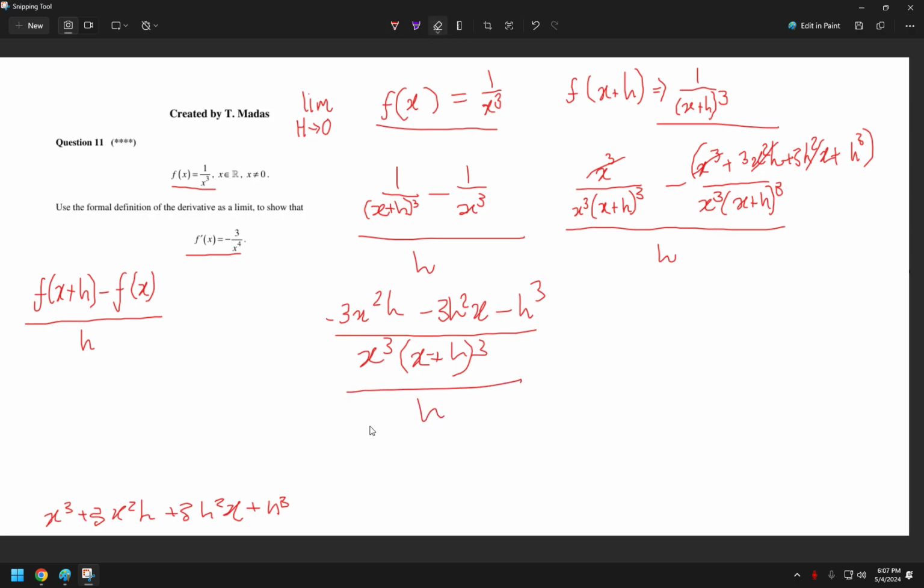Now here's the important part you have to remember for any question like this. All of the numerator right now, the numerator I'm talking about is this bit, is being divided by h.